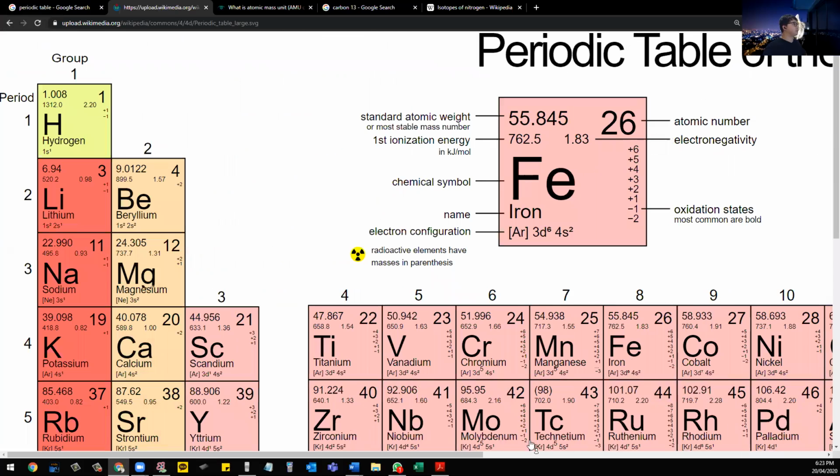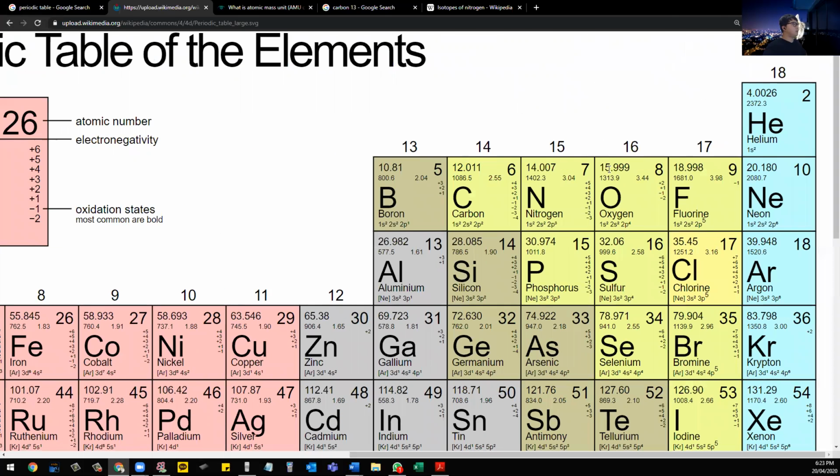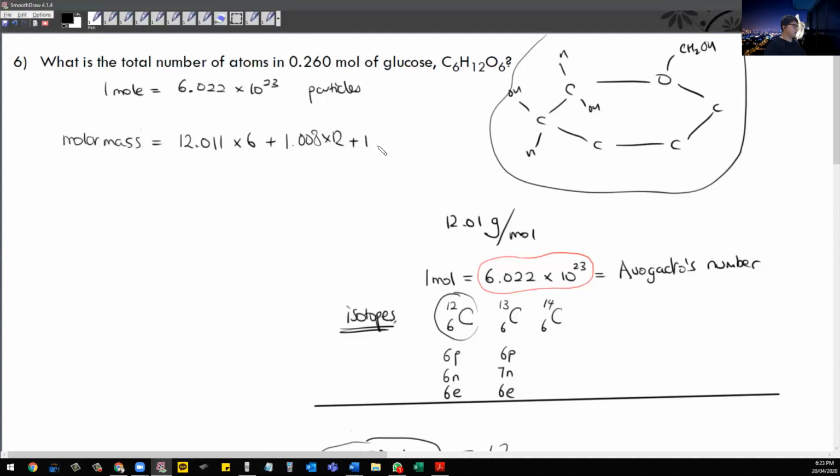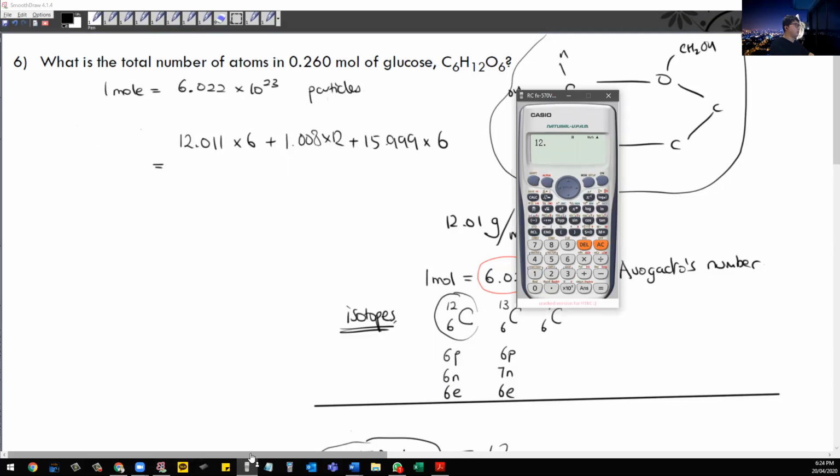And oxygen is 15.999 times 6. So that's how you work it out. If you actually do that calculation, what number do you get? I'm just doing that now: 1.01 times 6 plus 1.008 times 12. I got 180.156. Yep, 180.156. That's right.